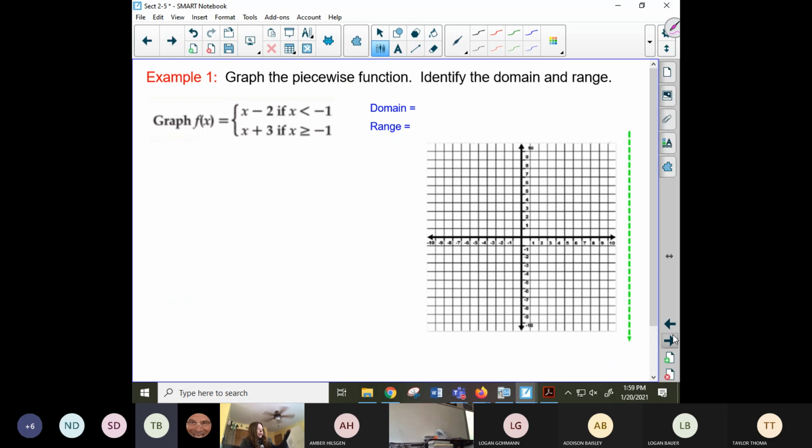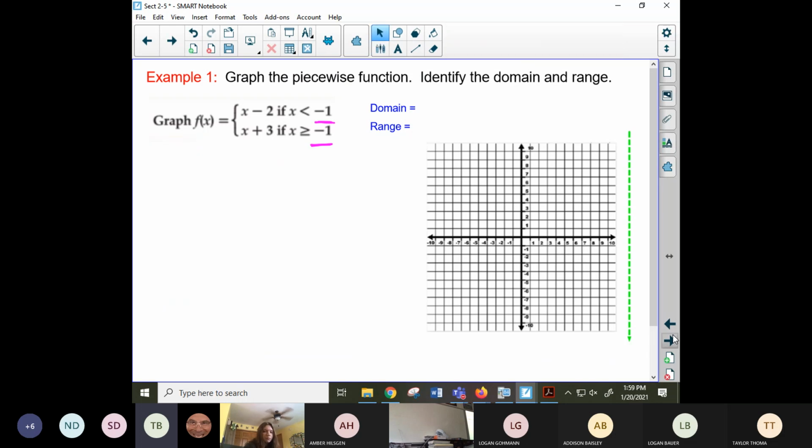Okay, now this next one, when you do this, you're going to have 2 or 3 lines each time, and this is called your constraints. Okay, so our constraints for this one, there's only one of them, and it's at -1.